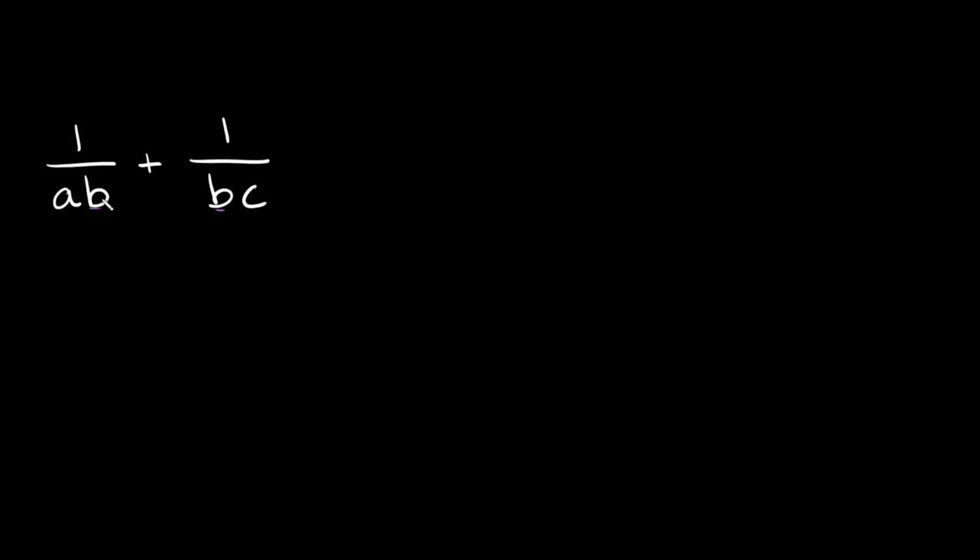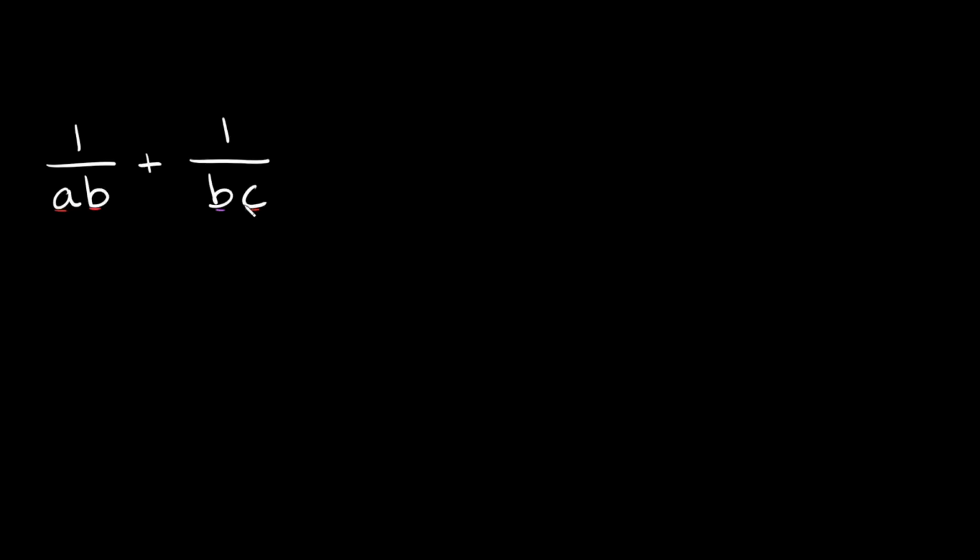Okay, so that means here, since they already have something in common, doing the cross multiplication would work, but it would make us end up doing a lot of extra work. So something that we can do instead is just realizing, okay, I have an a and a b on this side. So the only thing that's missing on this side, that's on this side, is this c right here.